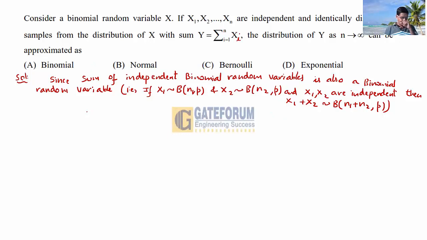Next, Y value is given as summation i = 1 to n of Xi, the distribution of Y as n tends to infinity.